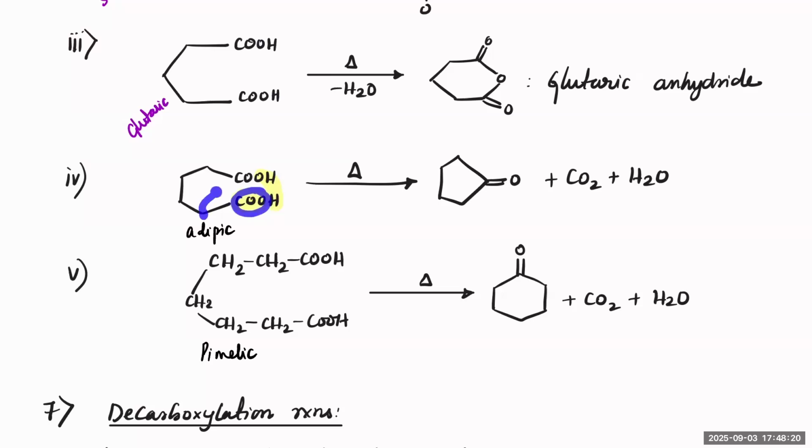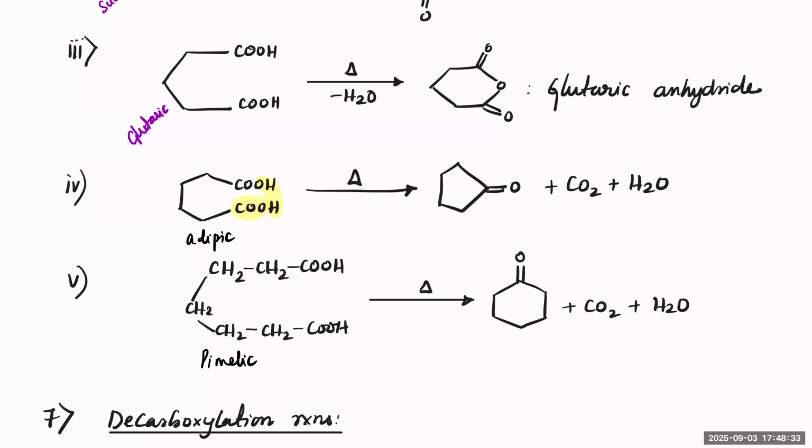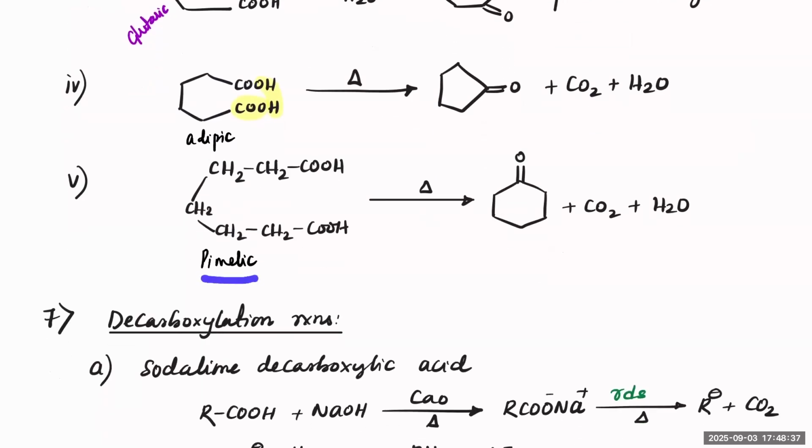This will become C minus, and that will attack this carbon, giving out one CO2 and one H2O and forming cyclic pentanone. Clear? That is what happens with adipic acid. Apply the same logic even to pimelic acid. In pimelic acid also, first you remove OH and H, then you remove CO2, and this will become minus and attack here. So that will make a 6-membered ring ketone.